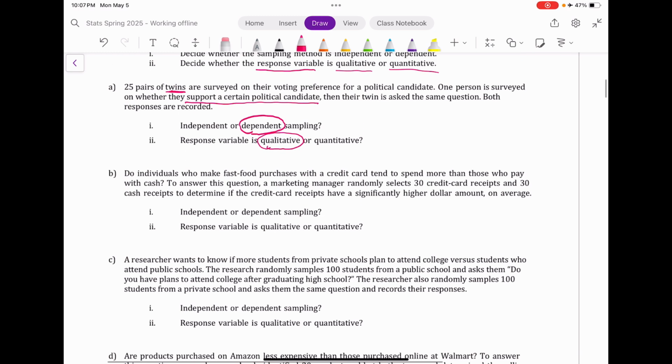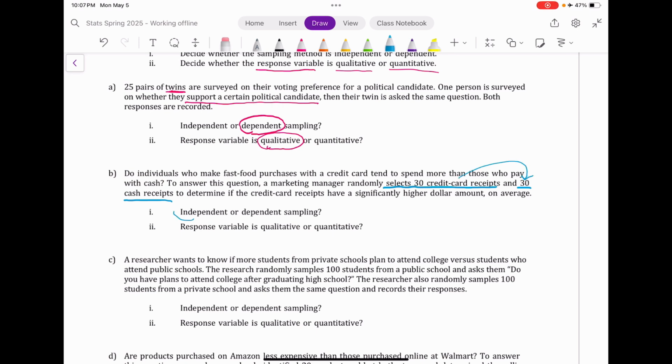B, do individuals who make fast food purchases with a credit card tend to spend more than those who pay with cash? So to answer this question, a marketing manager randomly selects 30 credit card receipts and then 30 cash receipts. So something to know is when they chose the 30 credit card receipts, it had nothing to do with the 30 cash receipts.